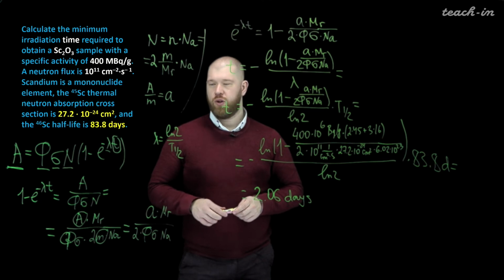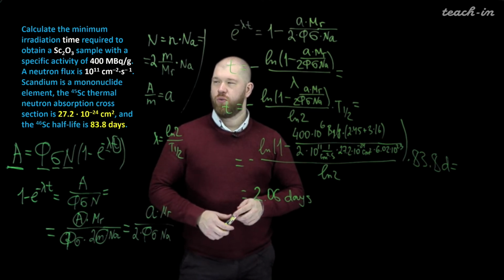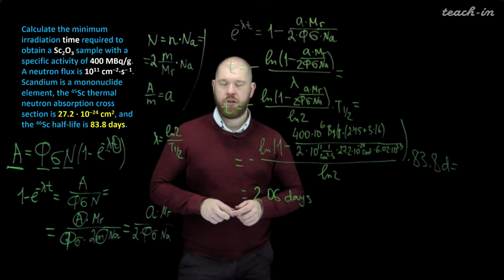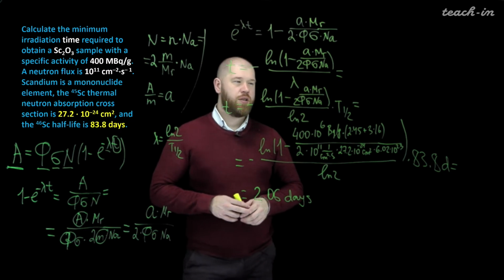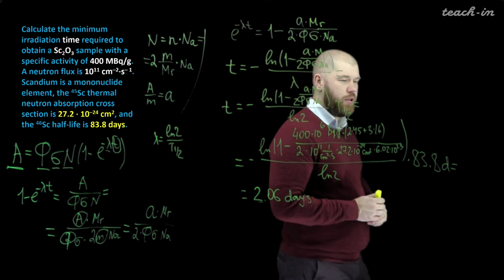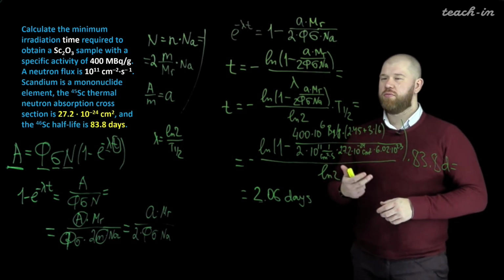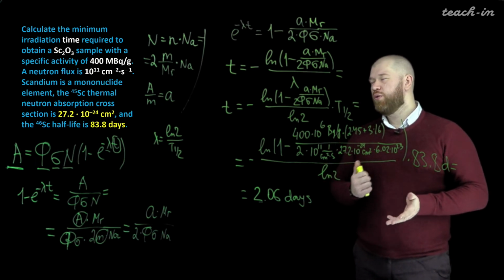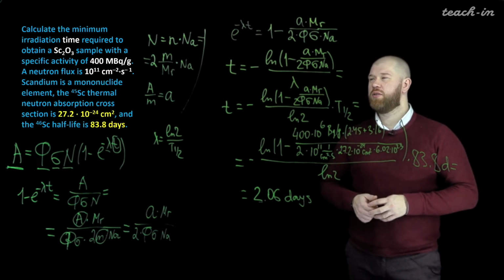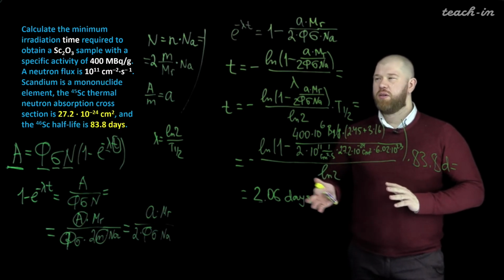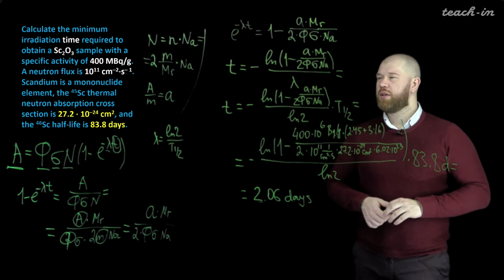But we used the equation for the thin target, and that means that we can use this expression for, let's say, small objects, maybe a few milligrams, 100 milligrams, not more than 1-2 grams of the sample.